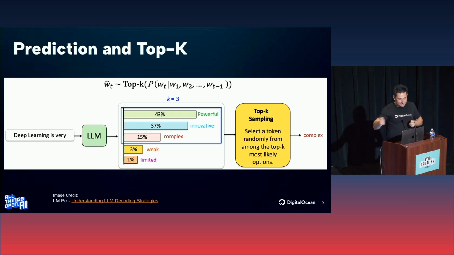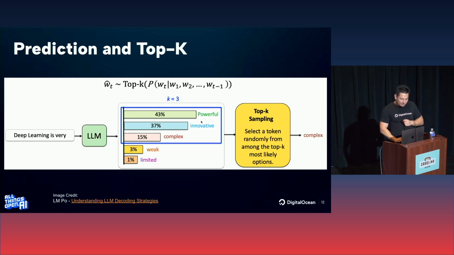So if we have this example sentence here, "deep learning is very," and the LLM's chugging along trying to figure out what the next token is, and our top K is 3, which basically says we're only going to entertain the top 3 transitions to be able to go to the next token.